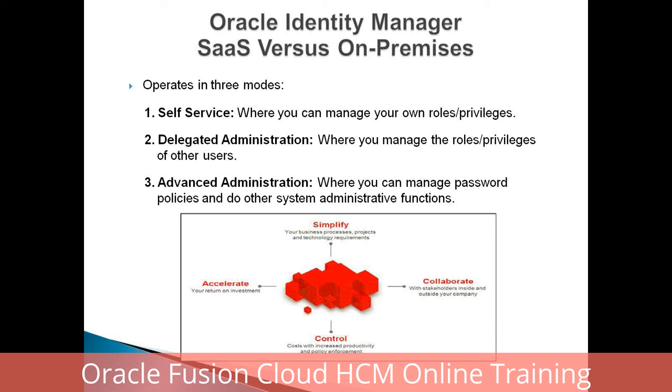The Oracle Identity Manager in a SaaS application, or the Fusion cloud applications, operates in three modes: self-service mode, delegated administration mode, and advanced administration mode. In self-service mode, the OIM administrators, or Oracle Identity Manager administrators, can manage their own roles and privileges.